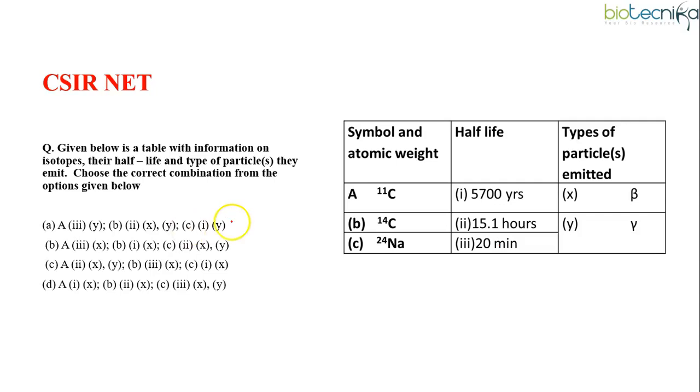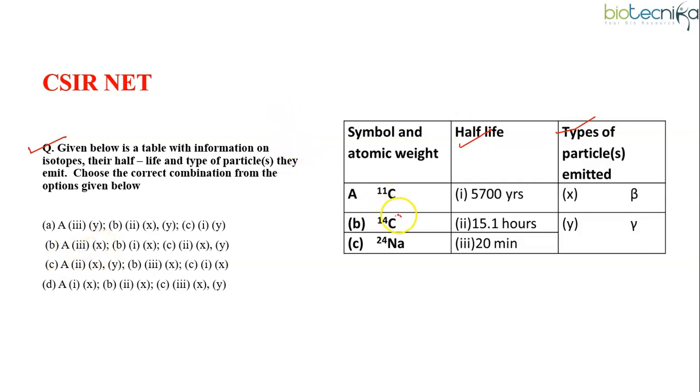It's a match the following type question about radioisotopes, their half-life, that is the time taken by the radioisotope to reduce its activity to half, and the type of particles emitted by the radioisotope. If you know the time taken by the radioisotopes to reduce their radioactivity to half from the initial value and the type of particles emitted, you can easily score in such questions.